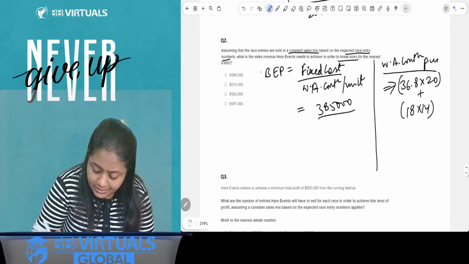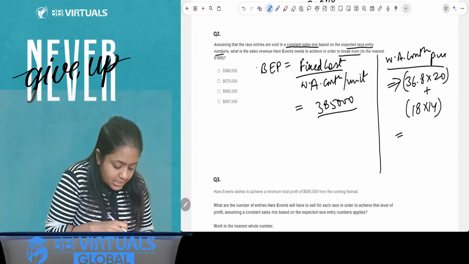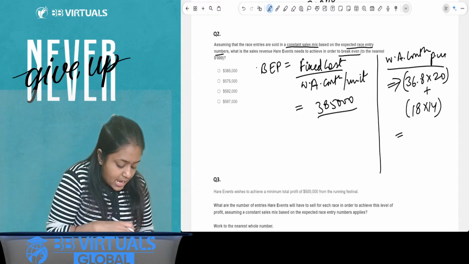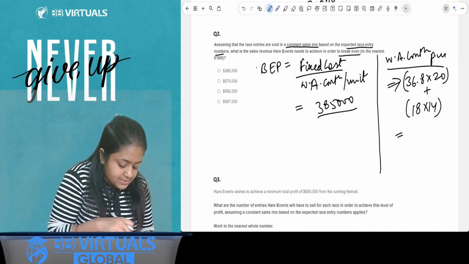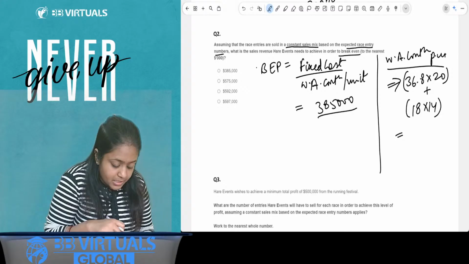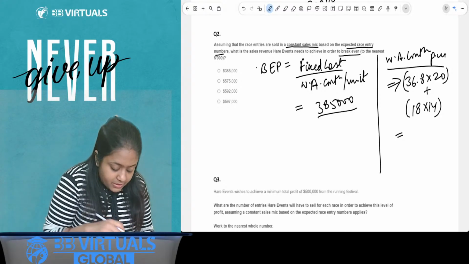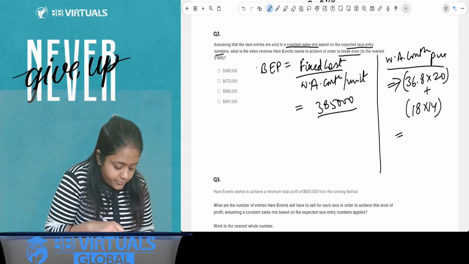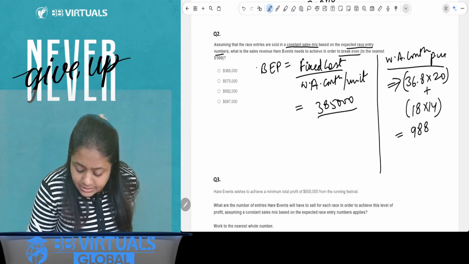Okay, get the weighted average contribution. 36.8 multiplied by 20 is 736, and 18 multiplied by 14 is 252, plus 736 is 988. Let me just check here again. 736. So I will get here 988. Okay, this is my weighted average contribution.